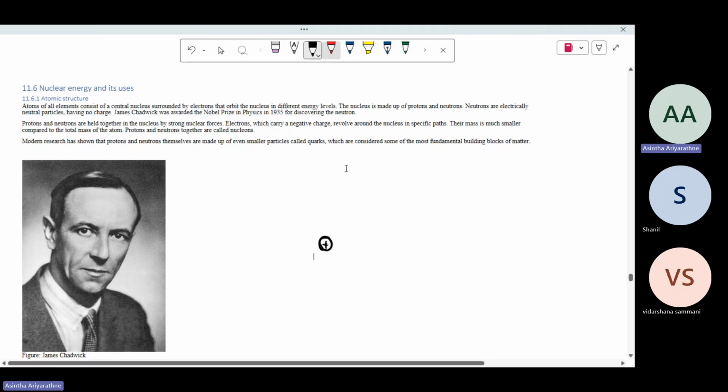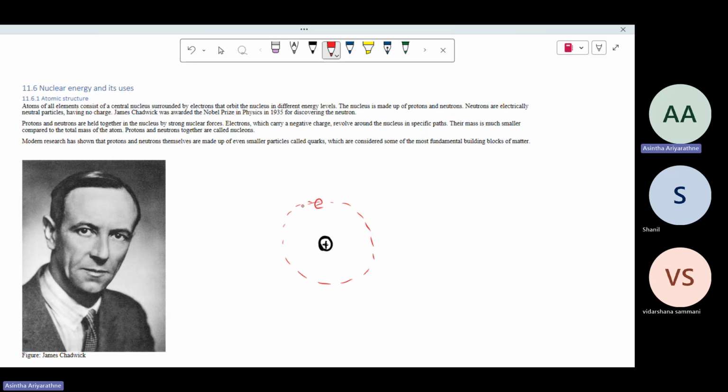Electrons orbit around this nucleus on different levels. That is the modern way, right? This is not 2D; you can think of it in 3 dimensions. So the electrons orbit around the nucleus. That is the modern definition of the atomic structure.